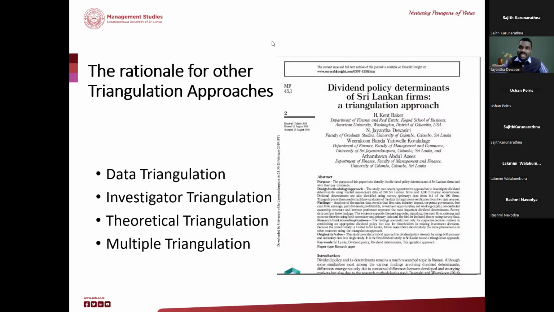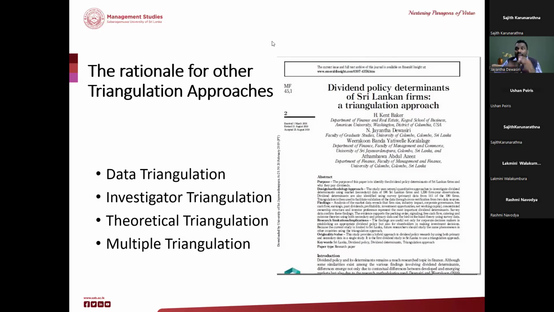Then, investigator triangulation. Investigator triangulation means the utilization of multiple investigators, multiple data collectors, multiple researchers in a single study. Assume that there is investigator bias, or data collector bias, in the entire process, and we need to eliminate it.